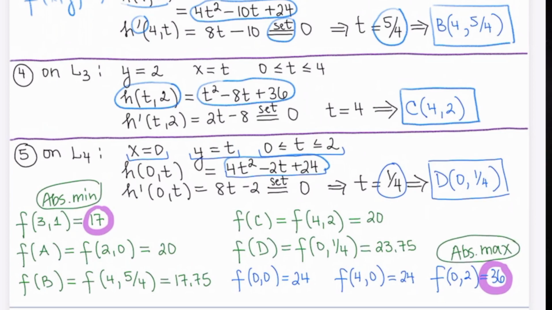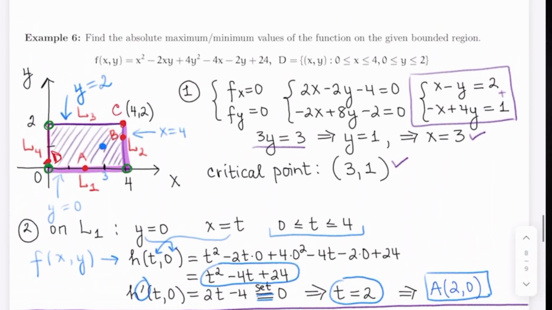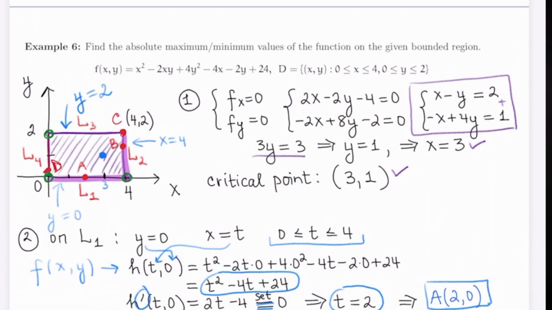All right, so this problem is a good example of why it is important to do an analysis of the function that we're working with on each one of those lines, right, or the curves. So in example 4, we were lucky because we had a very nice symmetric function. Also, we had symmetry of the region. So we didn't have to do too much work. Some of that stuff was redundant.